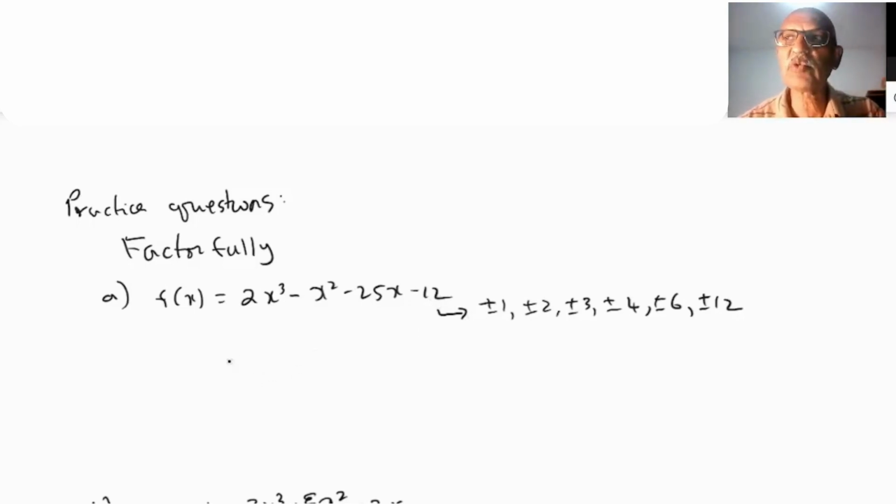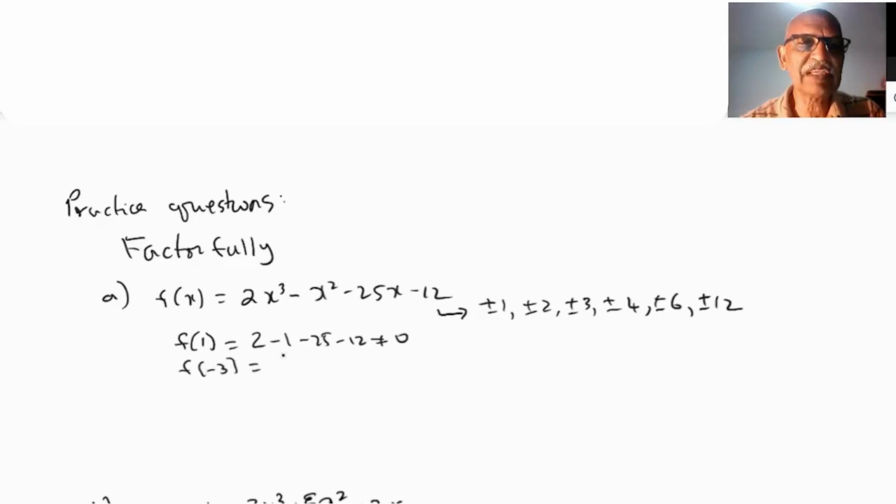So the first thing we do is trial and error. We find any number which makes f equal to 0. If I try 1, it will be 2 minus 1 minus 25 minus 12, which is not equal to 0. So x minus 1 is not a factor. So I try f of negative 3.